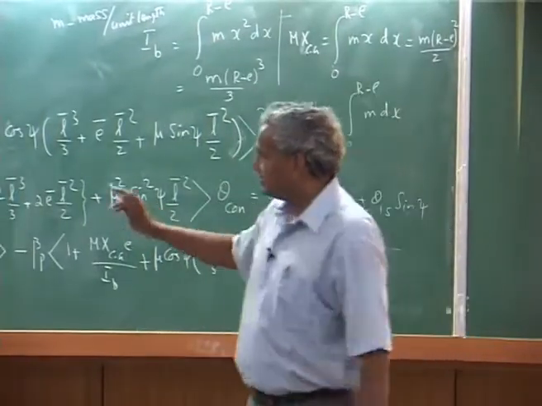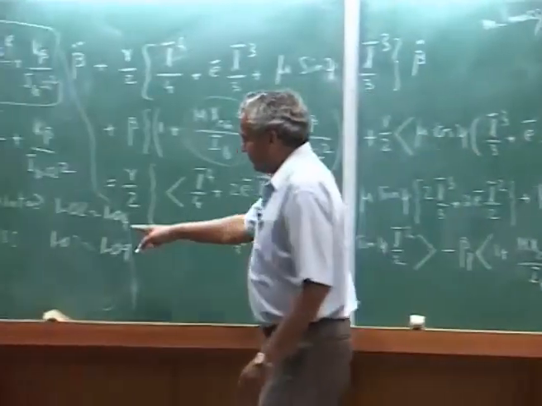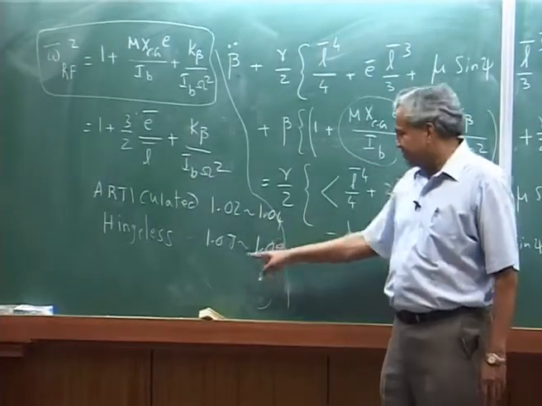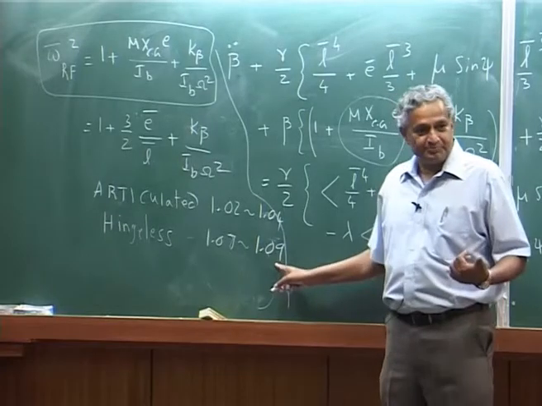So, articulated blades have flap natural frequency in this range, whereas hingeless blades slightly higher.